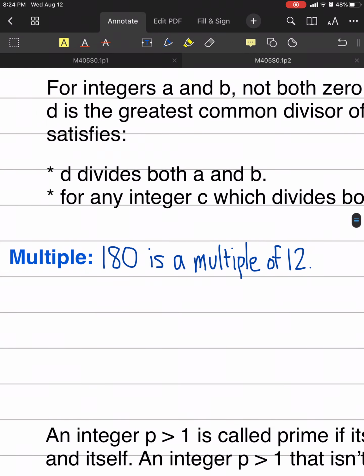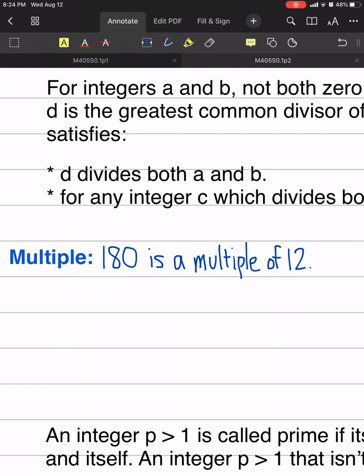Now, this is something that you're used to seeing in past classes. This isn't anything unusual for you. 180 is a multiple of 12. You're probably used to phrasing this as 12 divides evenly into 180. And that's a fine way to talk about it.